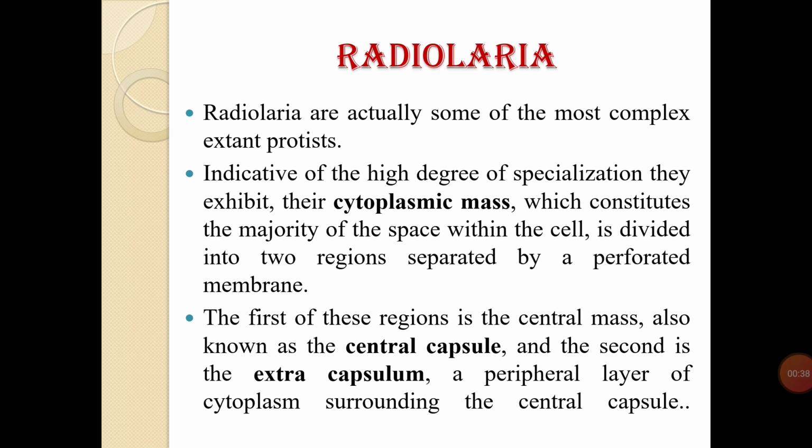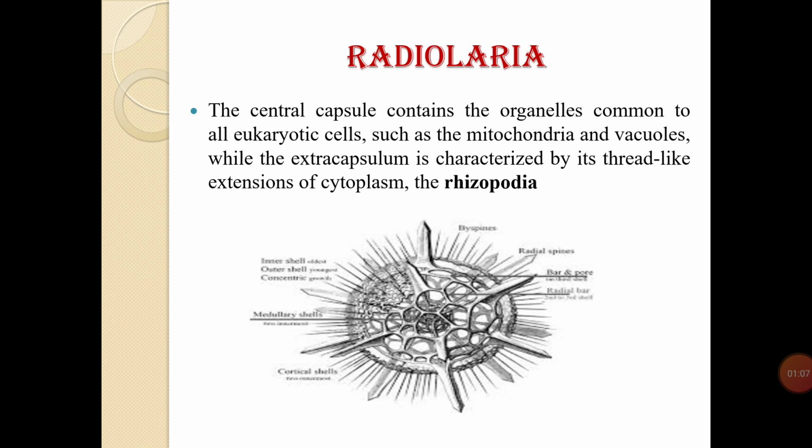Radiolaria are actually some of the most complex extant protists. They are protozoans, indicative of a high degree of specialization. Their cytoplasmic mass, which constitutes the majority of the space within the cell, is divided into two regions separated by a perforated membrane. Look at this diagram.